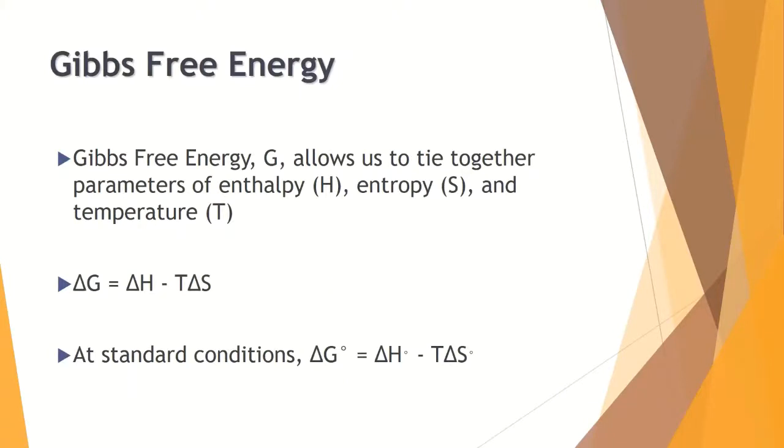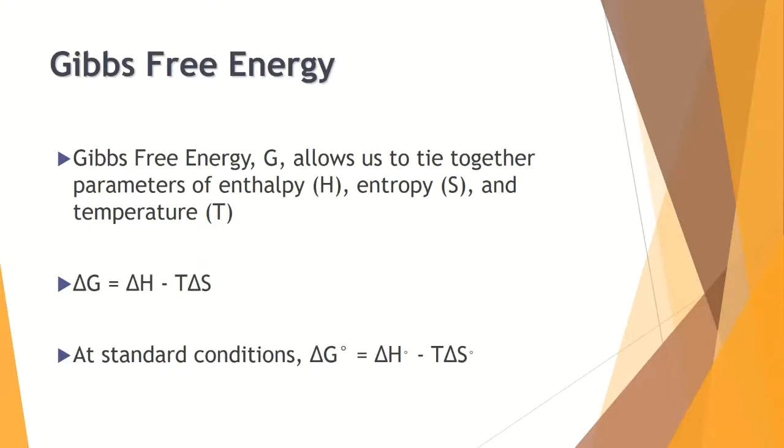What we need to do is put something together that combines them all. And so the Gibbs Free Energy allows us to make that kind of determination. What Gibbs Free Energy does is it looks at the total energy of the system, not just the enthalpy for the heat, not just the disorder for entropy, not just what temperature it is.